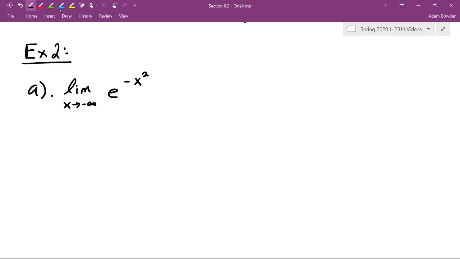Now here's a limit where we have kind of two different functions at work. We have e raised to the negative x squared power, and we're taking the limit as x goes to negative infinity. So let's think of it like this. Let's think about this thing up in the exponent, the negative x to the second power. Let's let the letter u stand in for that negative x squared.